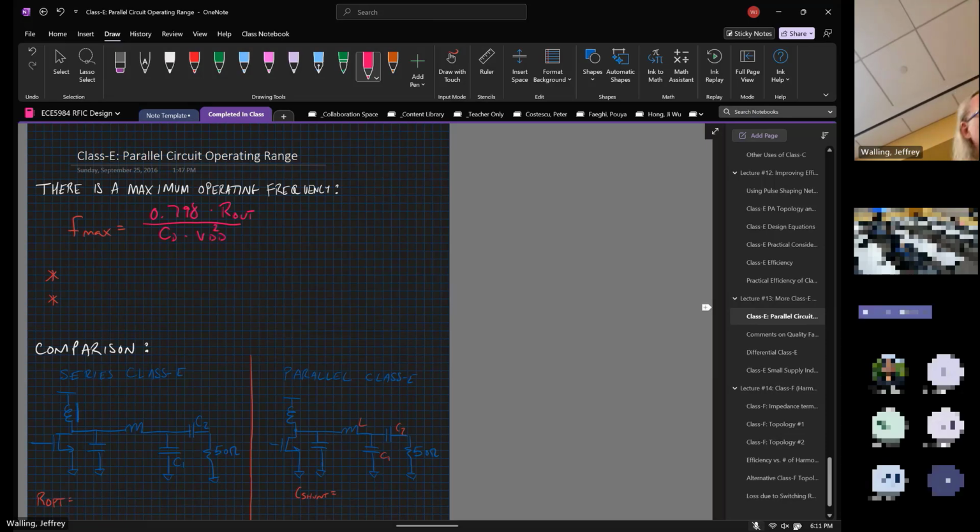Ultimately, what all this leads to is that C shunt has to be greater than or equal to CD. If it's not, we can't make this PA.